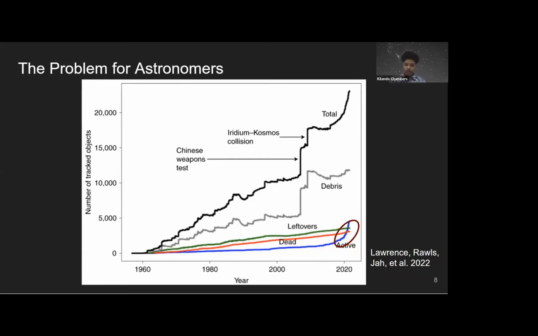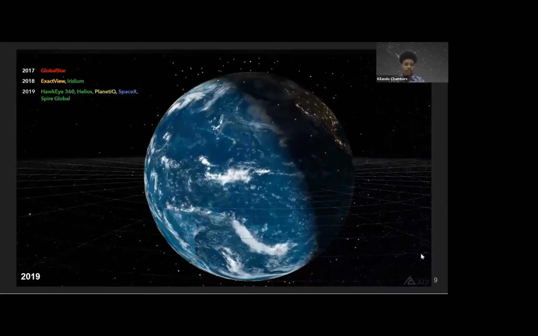If I have not convinced you of the gravity of the situation yet, I'm going to show you a simulation. Each of these pictures is a simulation of the Earth, and surrounding the Earth are dots. Each dot represents a satellite, and the color of each dot represents the company that has launched or intends to launch the satellite in question. In 2019, we see there are some, but not an overwhelming amount of satellites in the Earth's orbit.